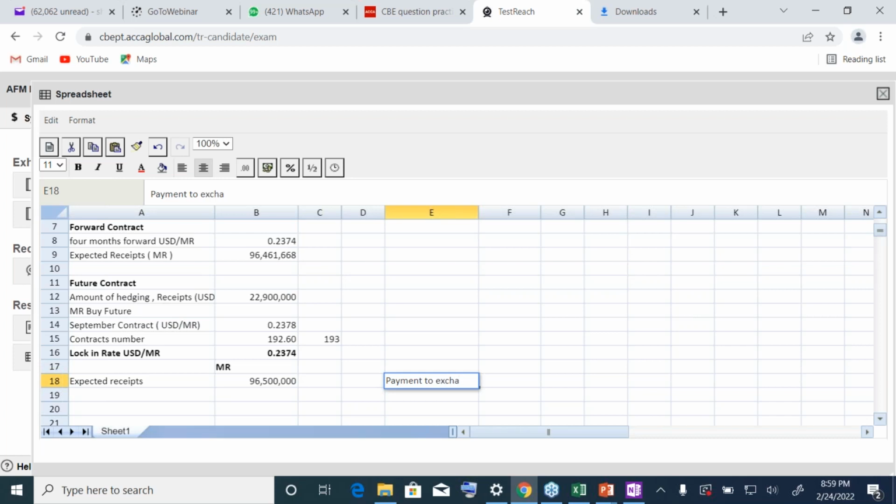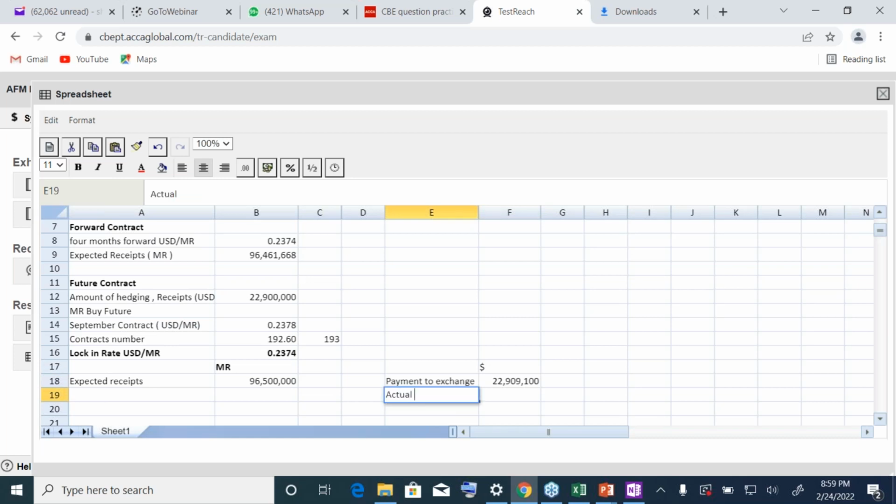If you are receiving the MR, that means you will have to deliver the dollars. How many dollars? 96.5 million MR into 0.2374 at the lock-in rate. So you will be paying 22.909 million to the exchange.